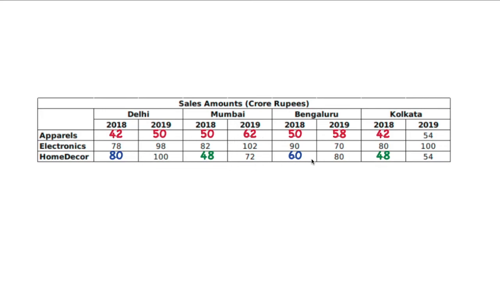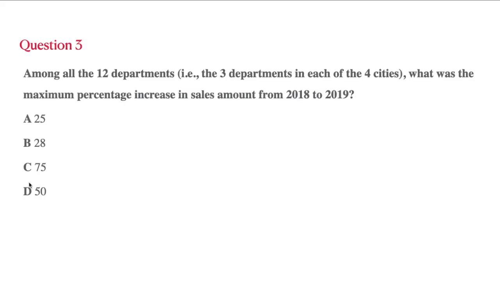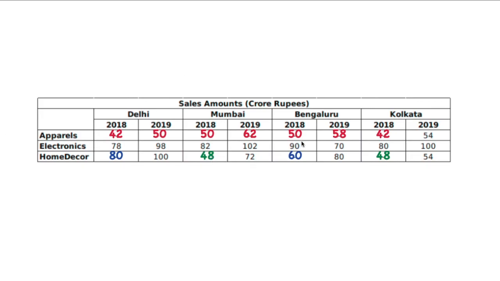Now if you go further, see 48 and 72, right? This is 48 into 3 by 2, which is 72, about 50 percent more. Let us check the options again. Yes, we have 50, and you can see that none of the data here surpasses its double.